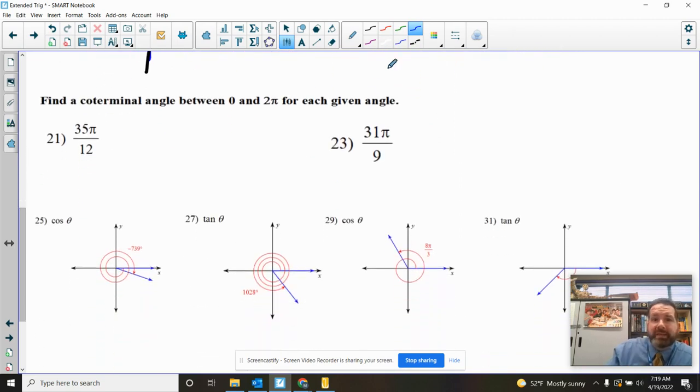In radians, same thing, except we're now counting by pi's and stuff. So 35 pi over 12, that's, let's see, 12, 24, 36 pi over 12 would be 1.5 turns. So it's 12, 24, 35.